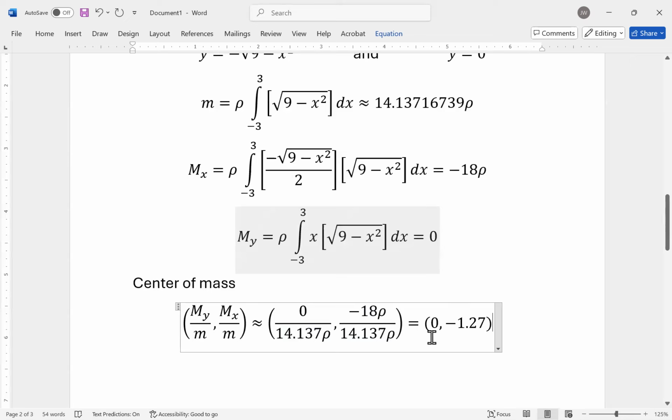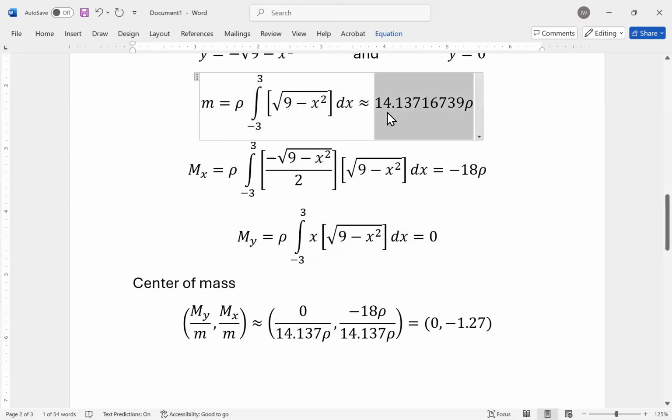And that should make sense as far as the center of mass goes. So this is the calculation. Again, this is not a nice fractional number, not a nice rational number. What we get is about negative 1.27 as far as my y value goes. Again, the rhos cancel each other out.